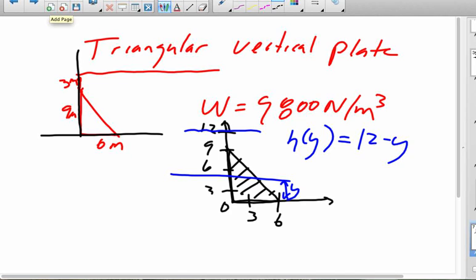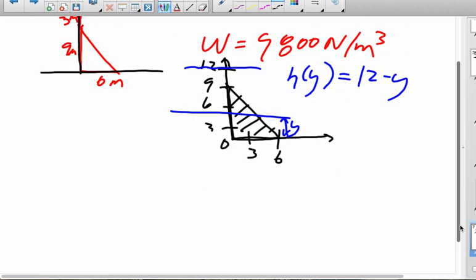All right, now we need to do our length function. This gets a little bit more complicated, but you should recognize this as being very similar to what we had before. My points here are 0, 9 and 6, 0, and again I've got a straight line. On some of these you'll be lucky when they're not straight lines, and they will give you the equation.